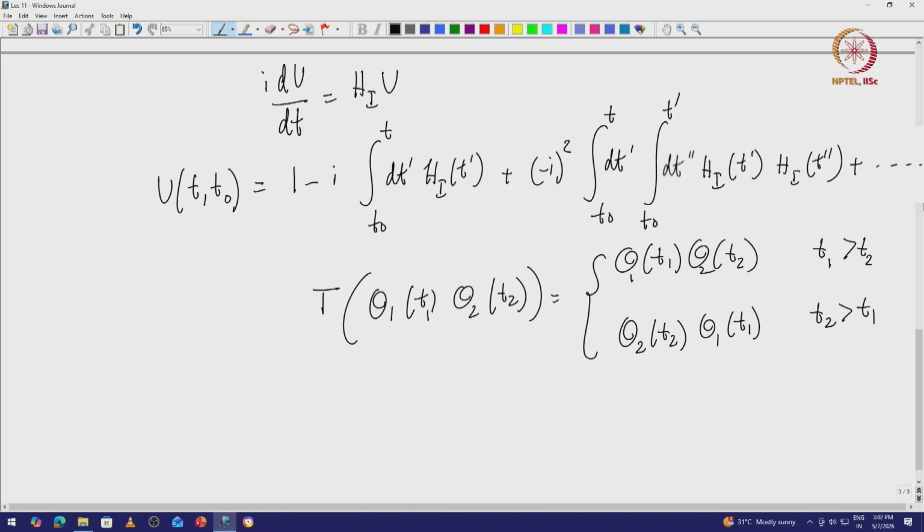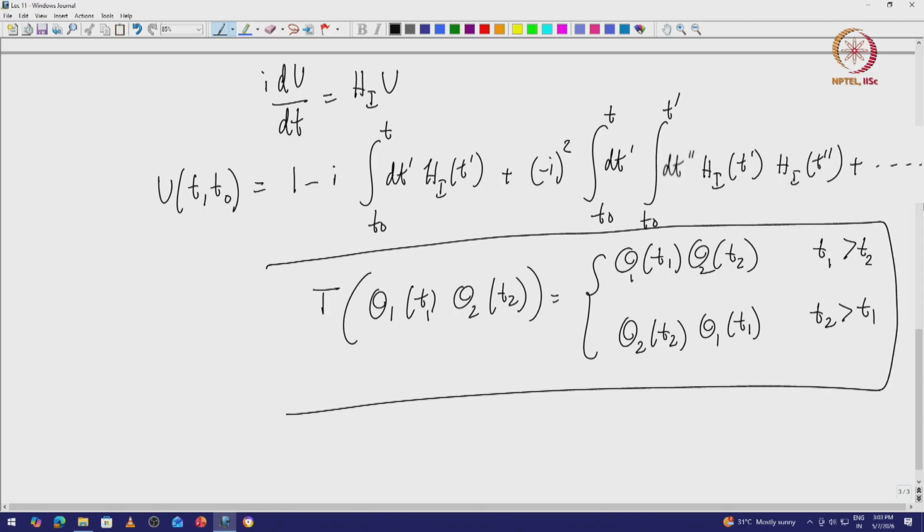This is the time ordering, and so you always have the earlier time coming before, essentially. So this is the time ordering, and this is the Dyson series.